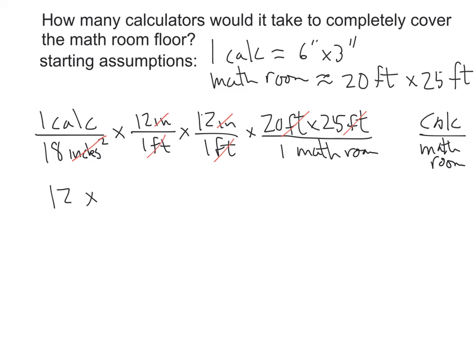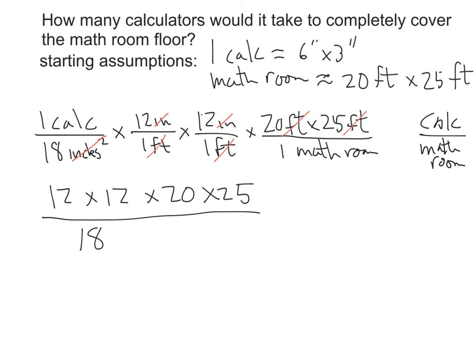Now notice what this means is we have 12 times 12 on the numerator, as well as 20 by 25. And on the denominator, we have roughly 18. So performing our leading digit estimation, we're going to take 12 and 12, and we know that 12 times 12 is 144, but we're just going to round 12 to approximately 10, and the other 12 to approximately 10, and we'll take 20 and call it 2 times 10 to the first.